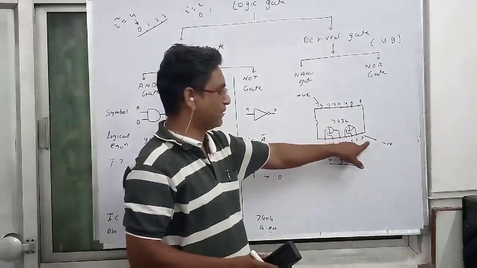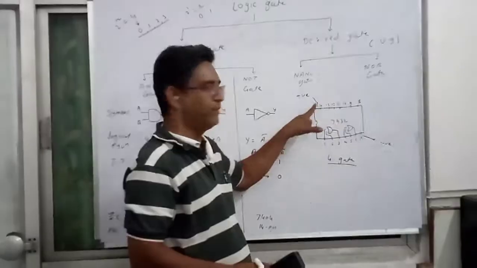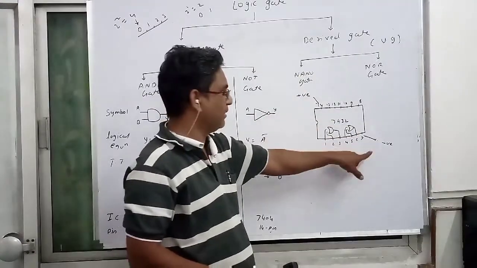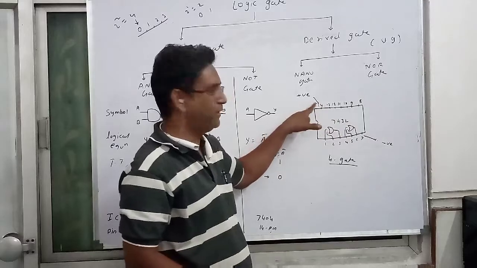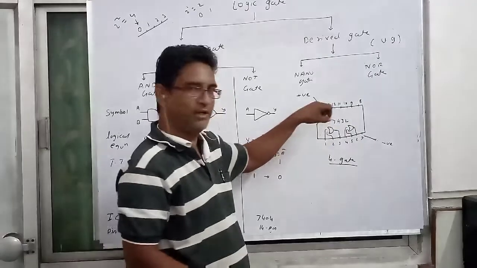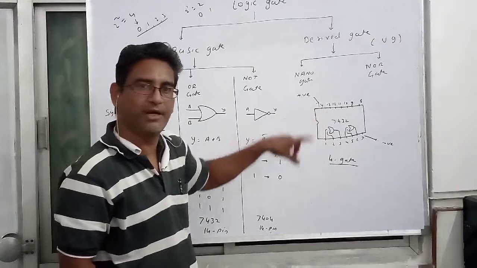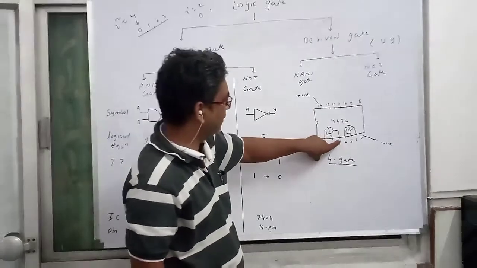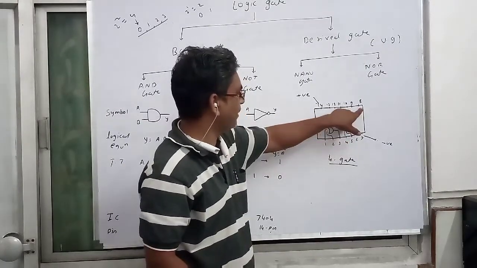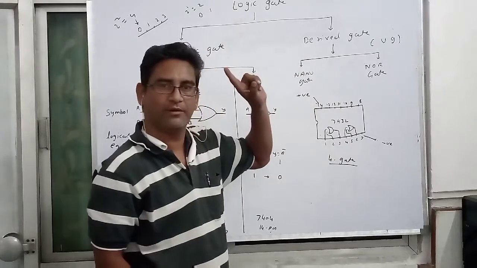But the negative pin and the positive pin remain the same. For the IC to be in working condition, the positive and negative pins have to be connected, and you will get the outputs at pin number 3, pin number 6, pin number 8 and pin number 11.